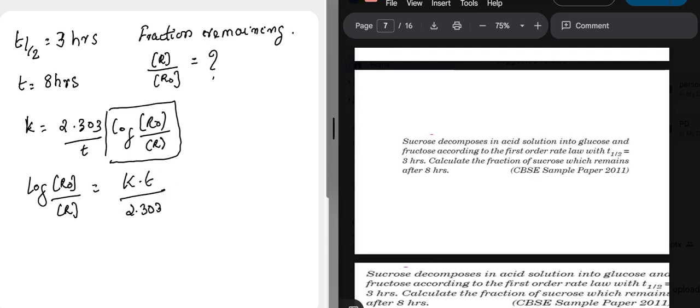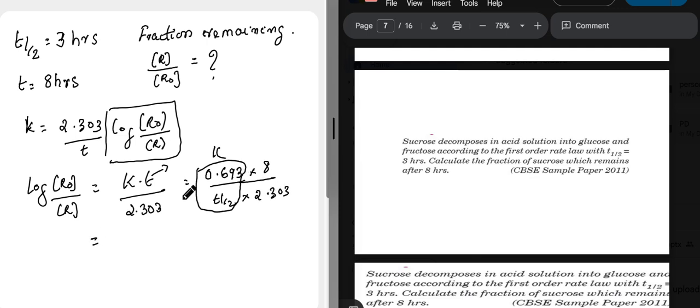And what is the value for k? T half is given, so 0.693 by t half is k. Instead of k, I substituted this, and t over here is 8 hours. Again, 2.303.